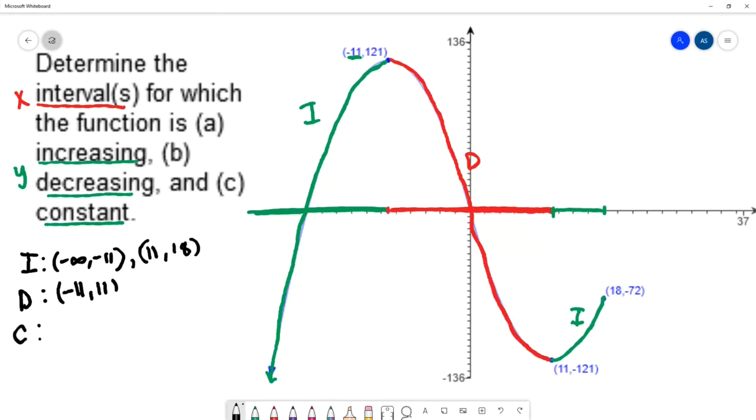We don't have any intervals of constant. So this function is increasing from negative infinity to negative 11, decreasing from negative 11 to 11, and increasing from 11 to 18.